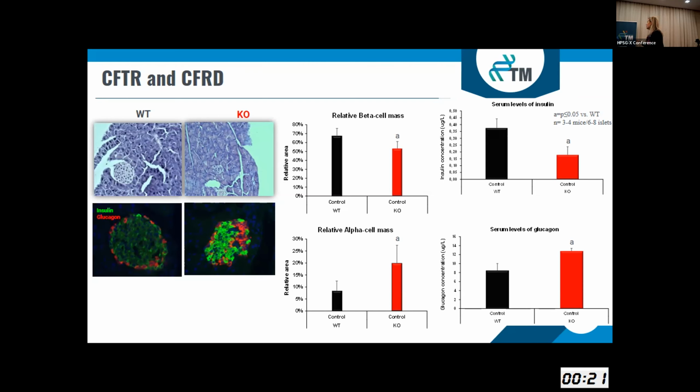In contrast, the number of alpha cells significantly increased, and interestingly, the alpha cells show a centralization in the islets.